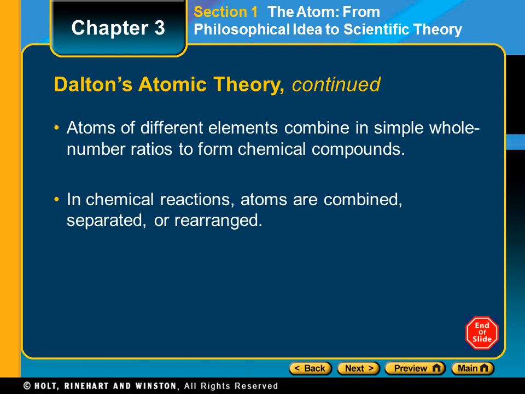And then in chemical reactions, furthering Dalton's atomic theory, atoms are combined, separated, or rearranged. And that's what's happening in those chemical reactions, either a combining of atoms or a separating of atoms or a rearranging of atoms.